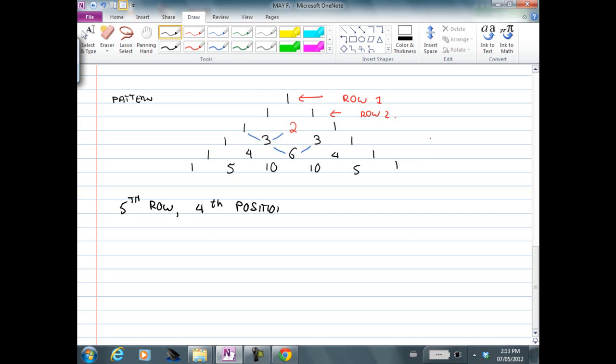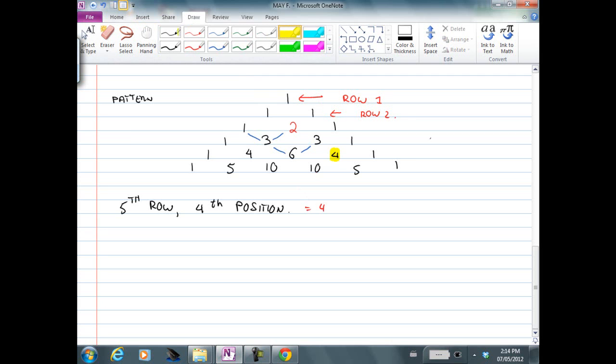So this is my row 1, 2, 3, 4, and 5. So what number is it? 1, 2, 3, 4. Right there. So I would say my answer is 4, because 5th row, 4th position is right here.